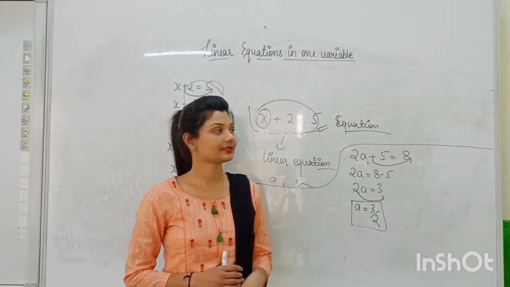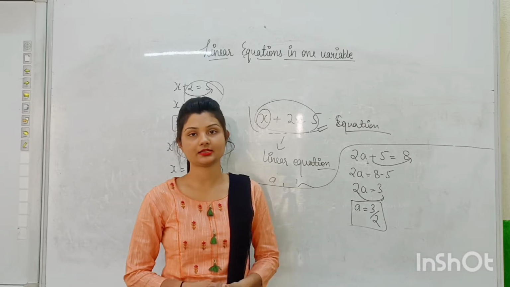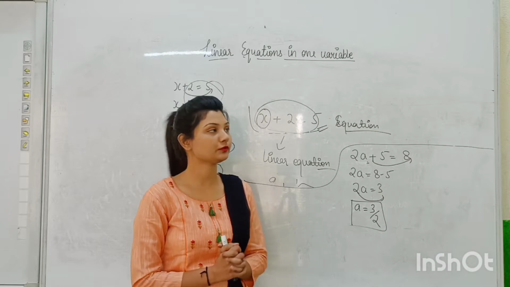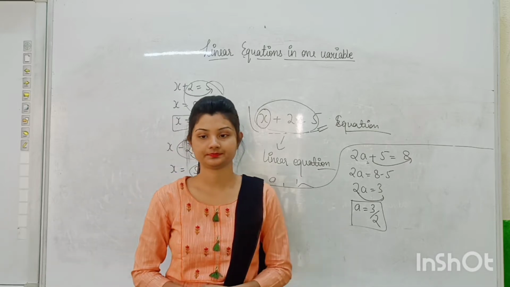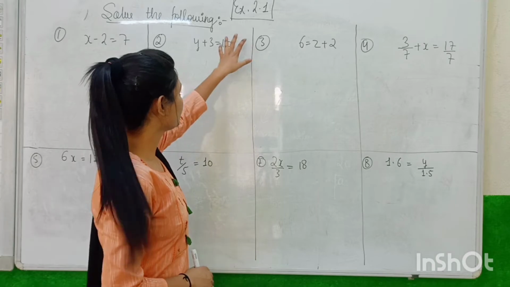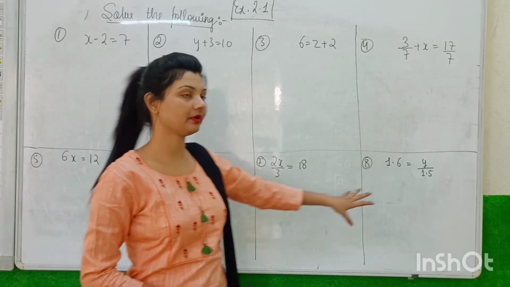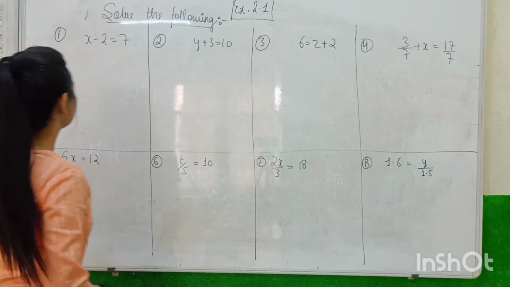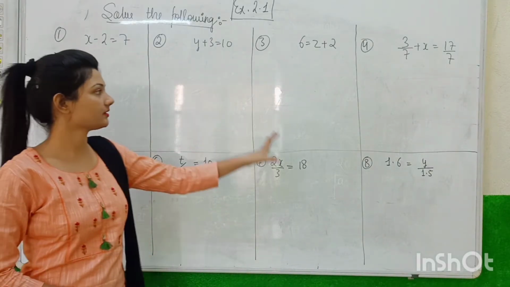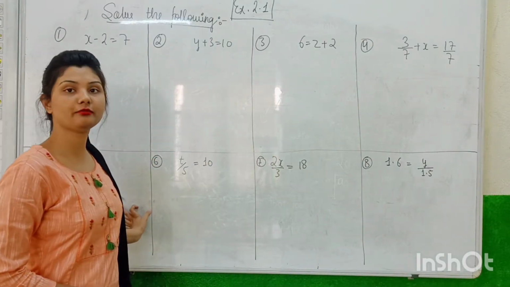So now we will start the first exercise of this chapter, where we have to find the similar equations. Exercise 2.1, these are the questions. I have written up to question number 8 here on the board. We have to solve these equations and find the value of x.